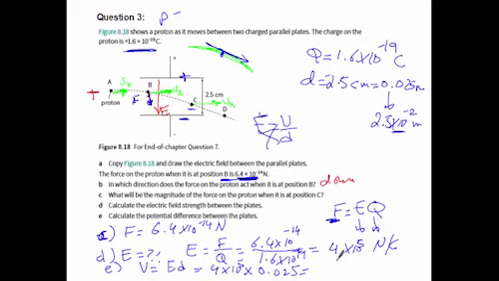This is going to give us 1 times 10 to the 4 volt, 10,000 volt.